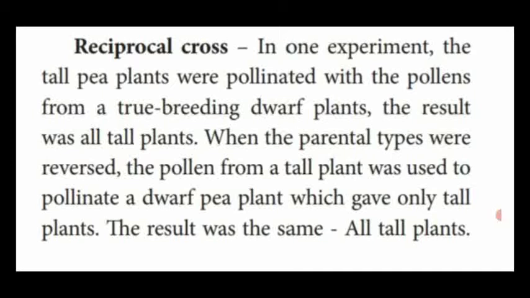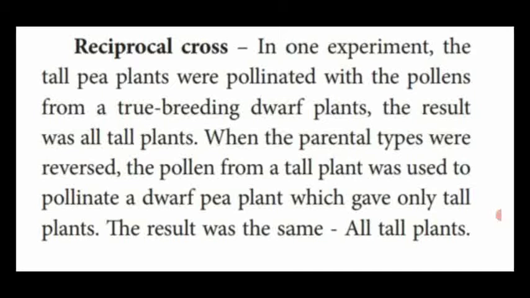So in this reciprocal cross also, a tall pea plant is crossed with a true breeding dwarf plant. Noted down, the tall pea plant is not true breeding, but the tall pea plant is pollinated, that is crossed, with a true breeding dwarf plant.